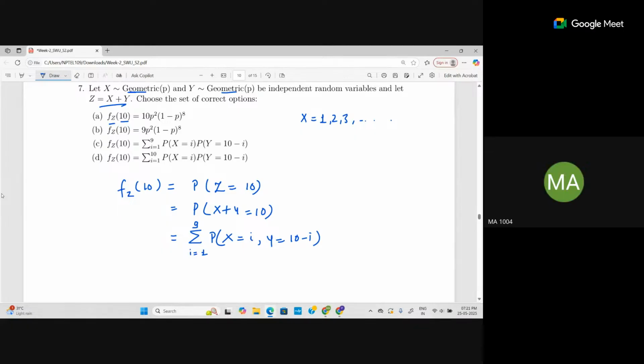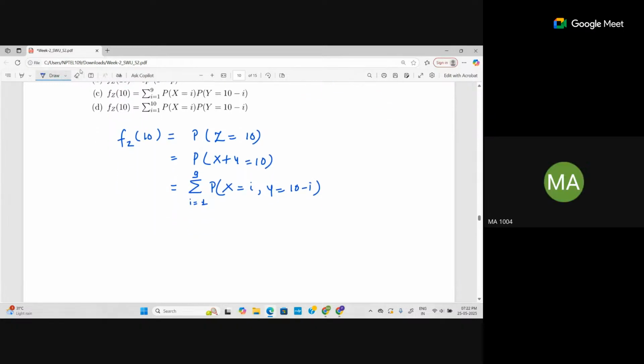See, the sum should be equal to 10, and it is a discrete case, so it will be taking values 1, 2, 3, 4 like this. So now this statement is clear.